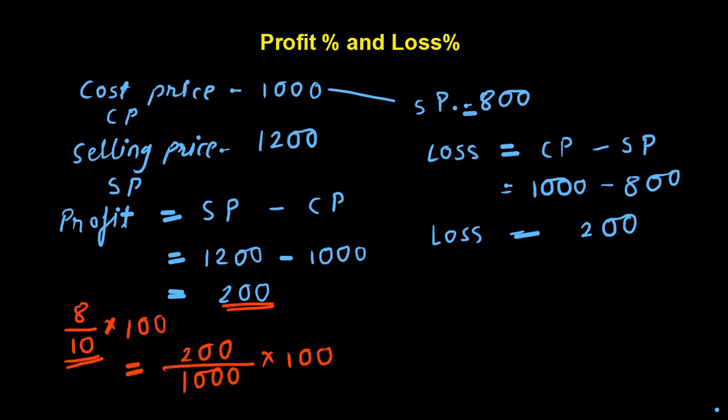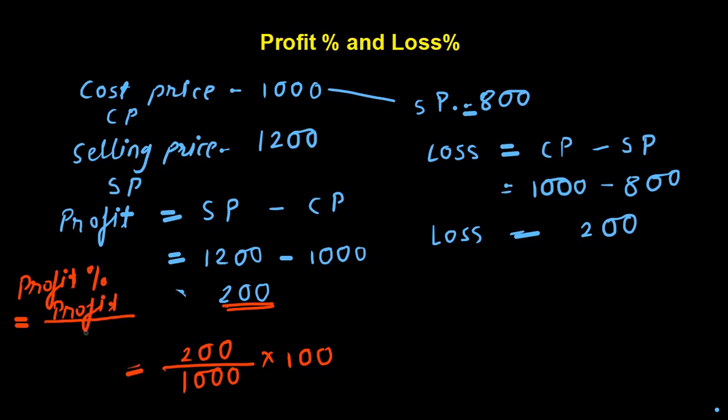Let me write the formula: profit percentage is equal to profit upon CP times 100.